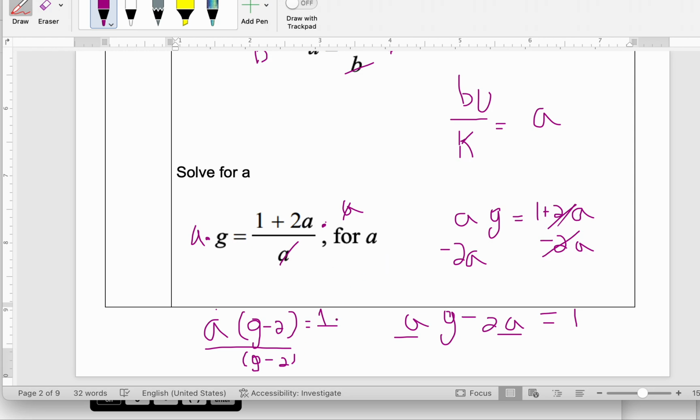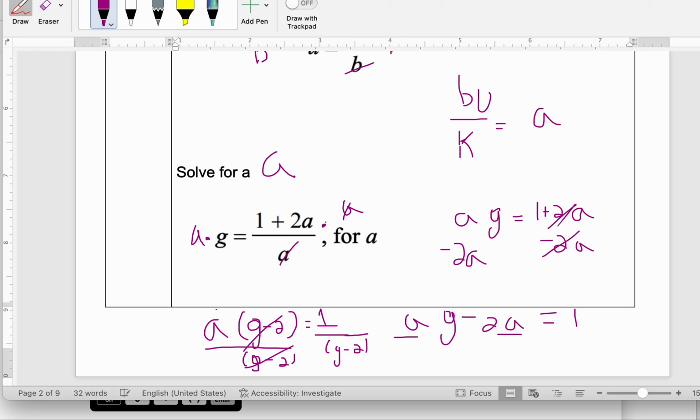All right, and then we have 1 divided by G minus 2. And that's your answer here. Let's cross out. We have A equals 1 over G minus 2.